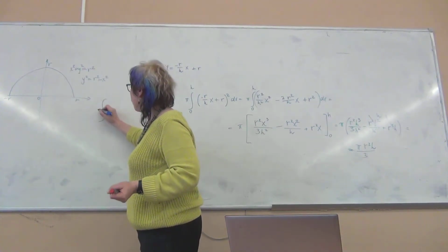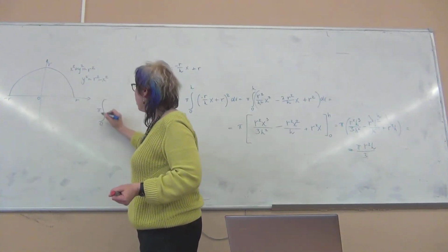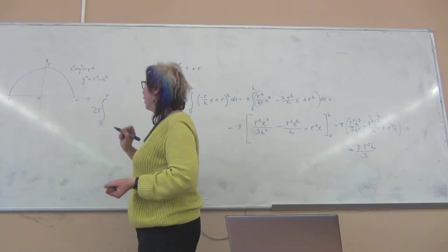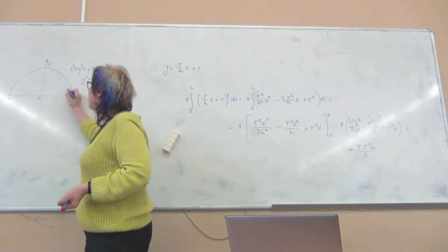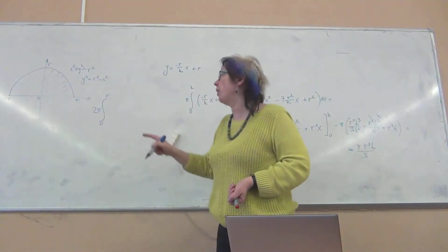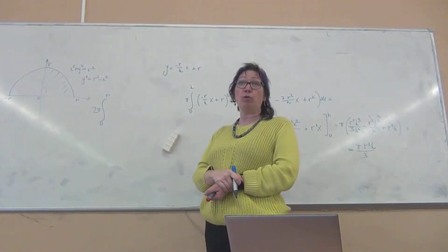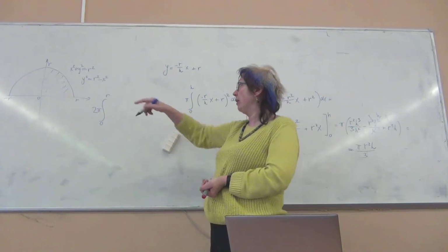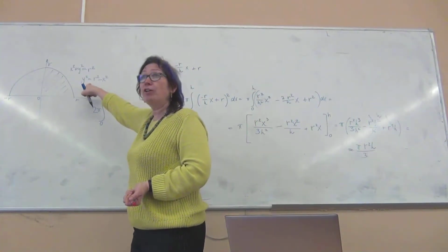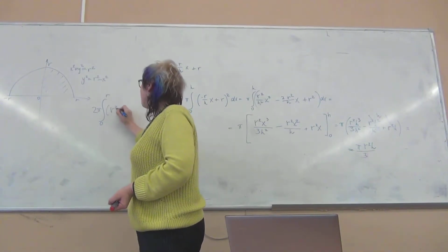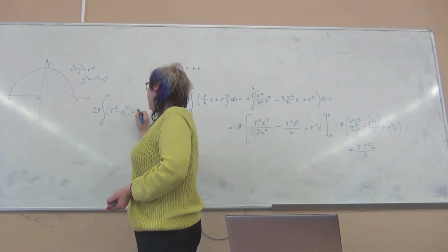So the volume for this is pi, integral from 0 to r, and then I write double this, because I will only let this part rotate and get half a sphere, so obviously I need to double to get the volume. And so y squared, the function squared, is r squared minus x squared dx.